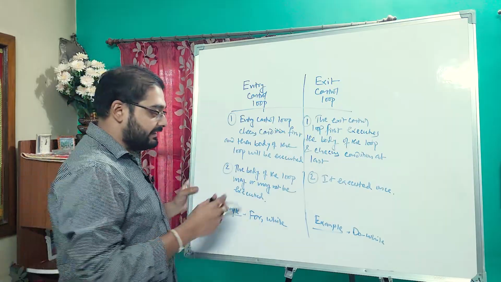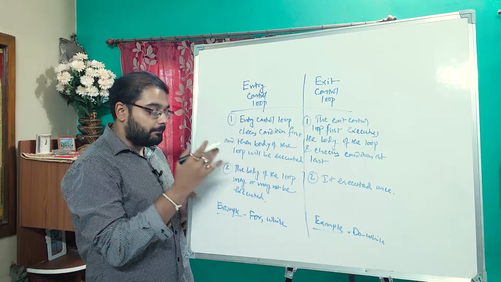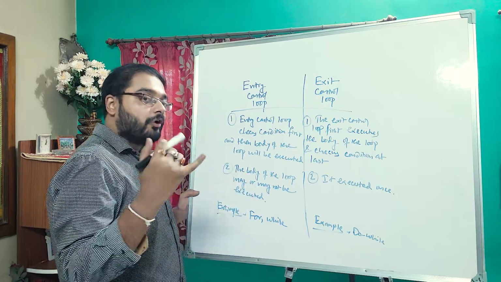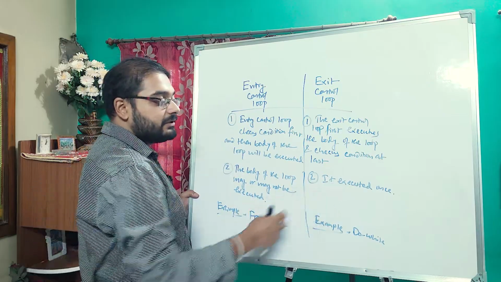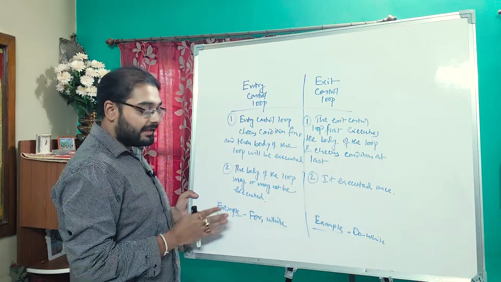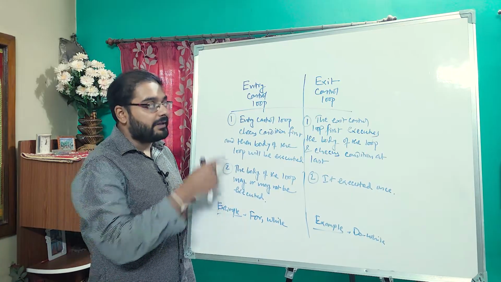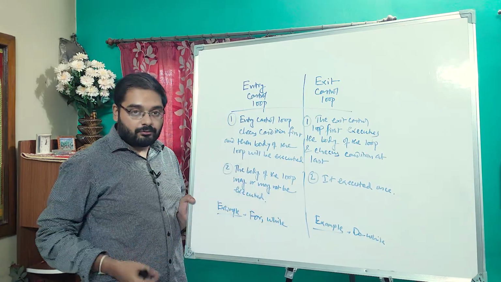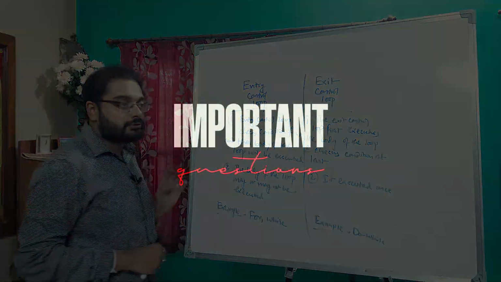Second, the body of the loop in an entry control loop may be executed or not. In the exit control loop, it executes at least once. The example of entry control loop is for and while, and the example of exit control loop is do while.